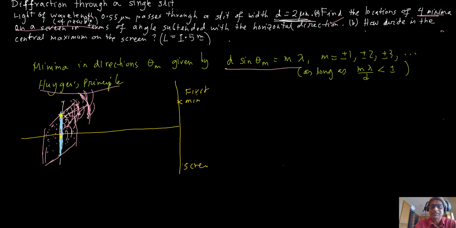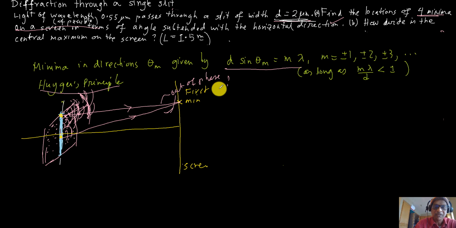They're out of phase. So this wave and this wave are out of phase. What do we mean by out of phase? Meaning delta R is lambda over 2.